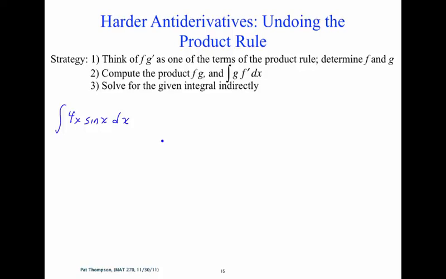When we look at this one, why does it not fit undoing the chain rule? Because the derivative of the inside function isn't the product outside the function. Yeah, so what are we looking for with undoing the chain rule? g prime of f of x times what? f prime of x.